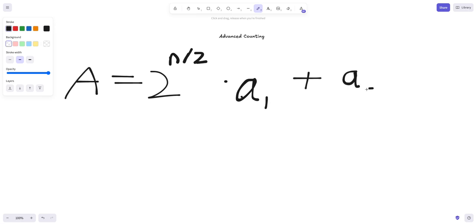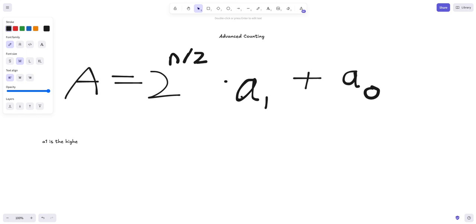Now you might ask where this equation comes from. Let's assume that a1 is the higher part of the binary that we considered, and a0 is the lower part of the binary that we considered. And you might be wondering where this 2 to the power n over 2 comes from.